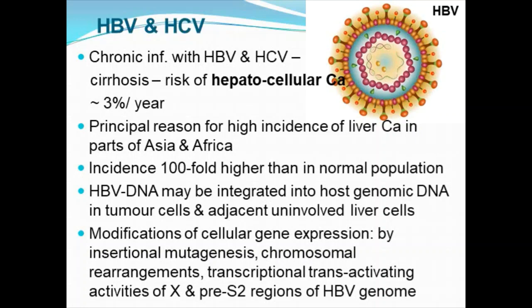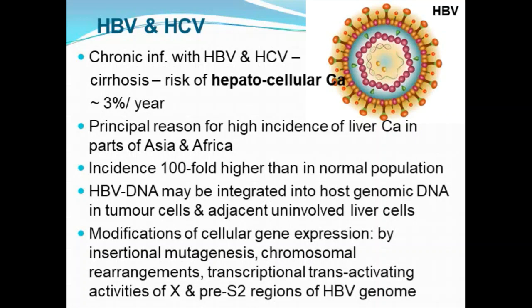Now coming to the hepatitis viruses, one is hepatitis B virus which is a DNA virus, and hepatitis C virus which is an RNA virus. Both of them are oncogenic viruses. Chronic infection with hepatitis B or hepatitis C virus may lead to cirrhosis, and the risk of hepatocellular cancer in cirrhotic patients is at the rate of 3% per year.